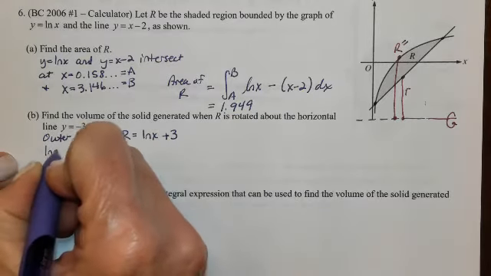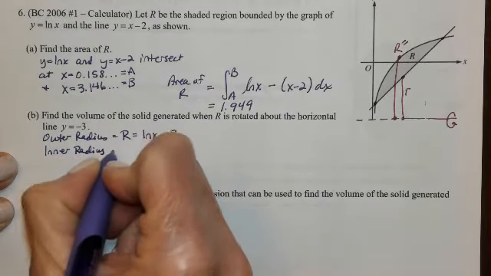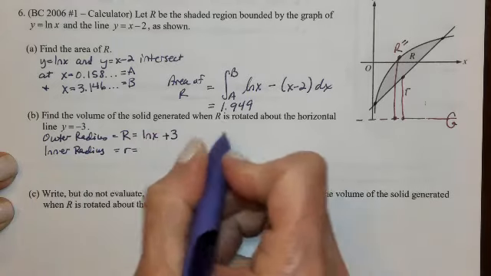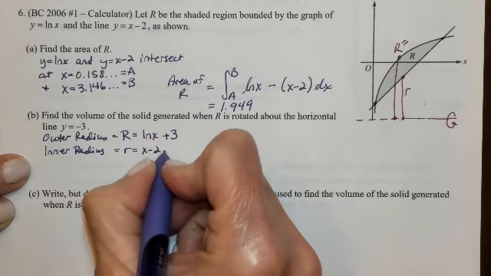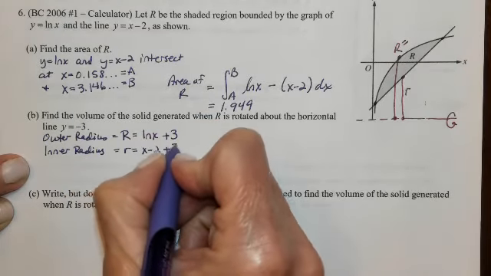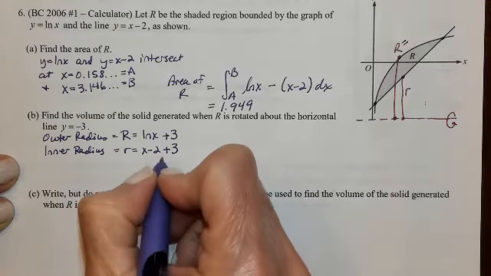My inner radius that I will be subtracting out, I'm going to call it little r, and that's going to be my x minus 2, again, minus a -3. So you can call it x plus 1 if you want.